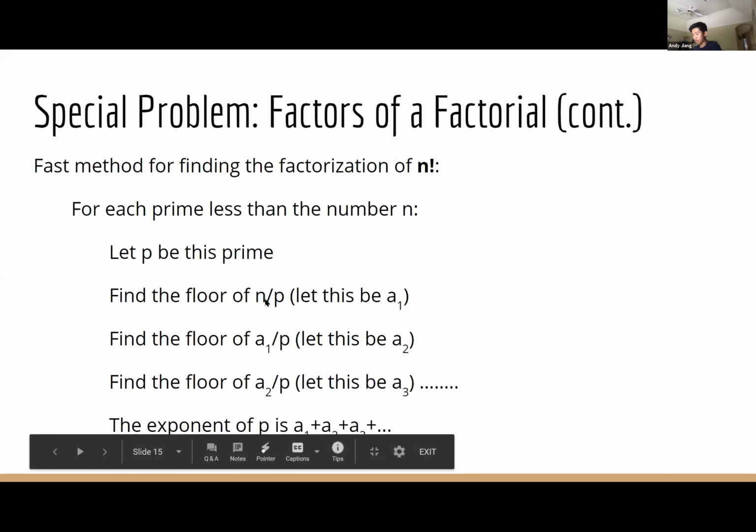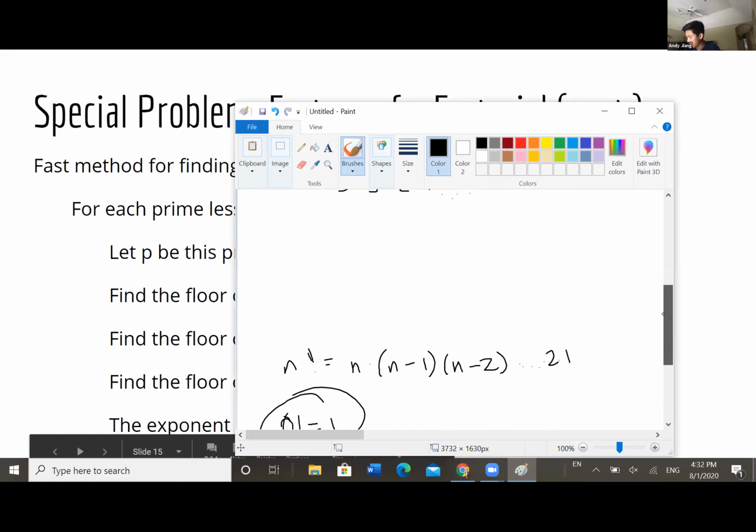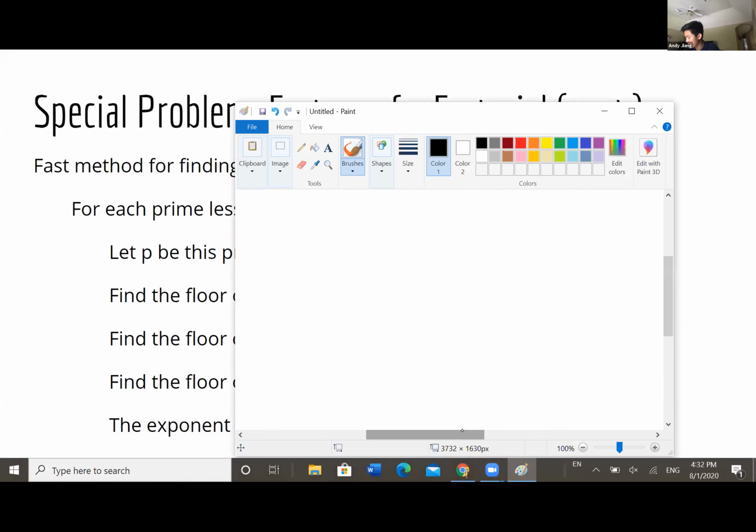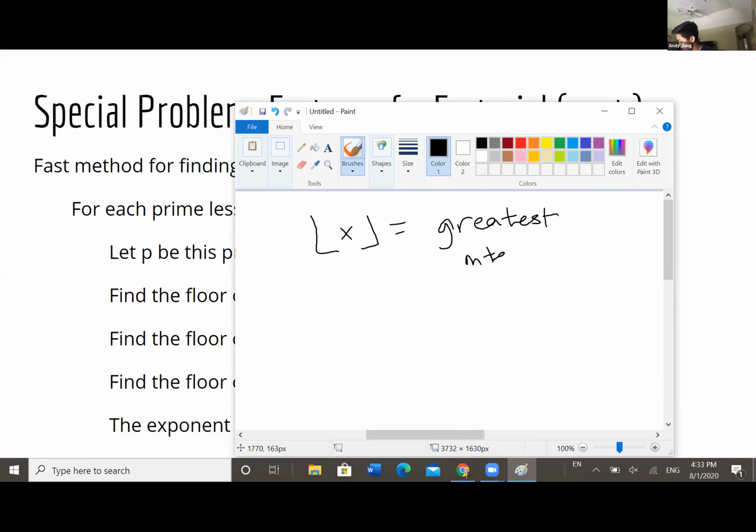So let me first clarify the definition of floor. The floor of a number x is the greatest integer that is less than or equal to x. So for example, the floor of 3 is 3 because 3 is the biggest integer less than or equal to 3.